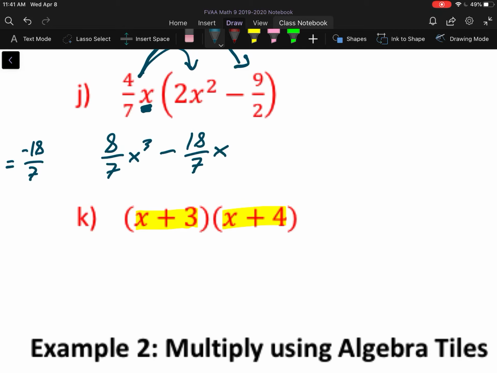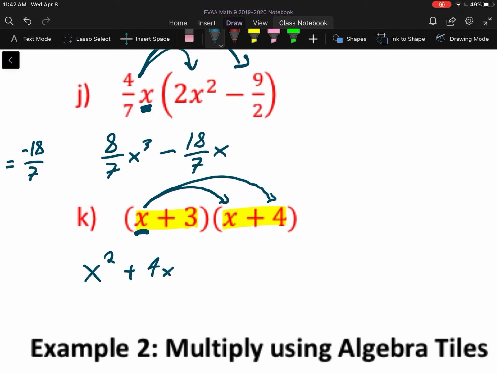All right, so there's 4 arrows I'm going to draw here. First I'm going to do the first term of my first polynomial times the first term of my second polynomial, x times x, which is x squared. Next I'm going to do x times 4, which is 4x. Now my first term of my first polynomial has been distributed to both terms of the second polynomial.